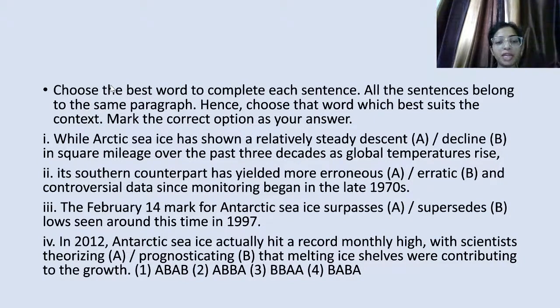The February 14 mark for Antarctic sea ice supersedes lows seen around this time in 1997. In 2012, Antarctic sea ice actually hit a record monthly high, with scientists theorizing, prognosticating that melting ice shelves were contributing to the growth. I'll give you a couple of seconds to think and please let me know.